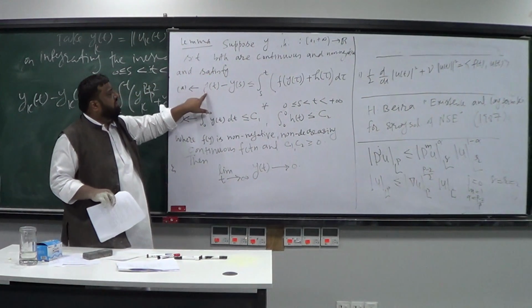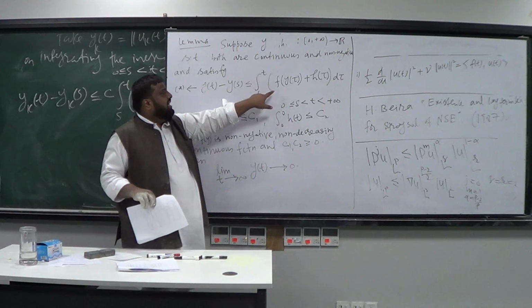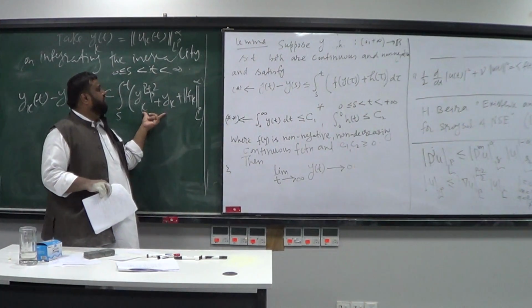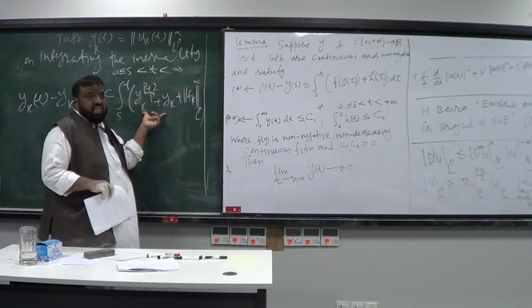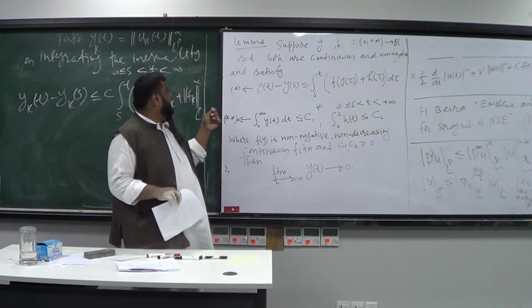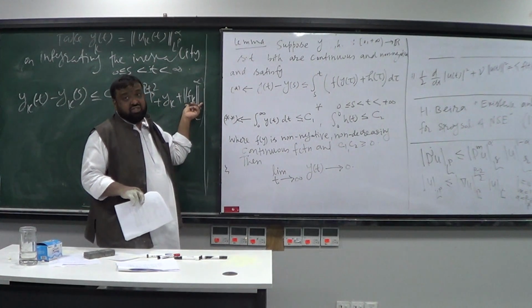I have y of t minus y of s, and I have f of y of t, a simple exponent polynomial, and then h of t, which can be treated as this norm.